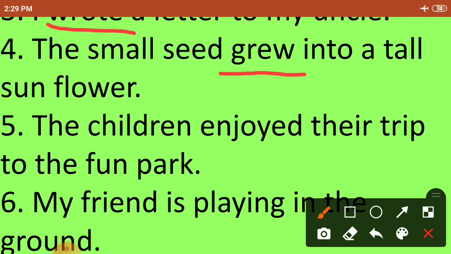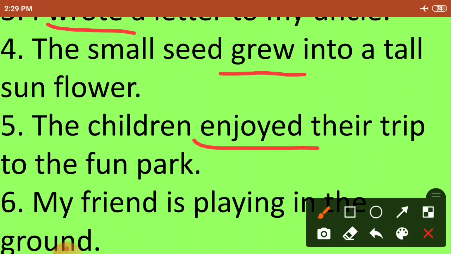Grew. Very good. The children enjoyed their trip to the fun park. The subject is the children, so it is very simple to identify the verb. Yes, enjoyed.